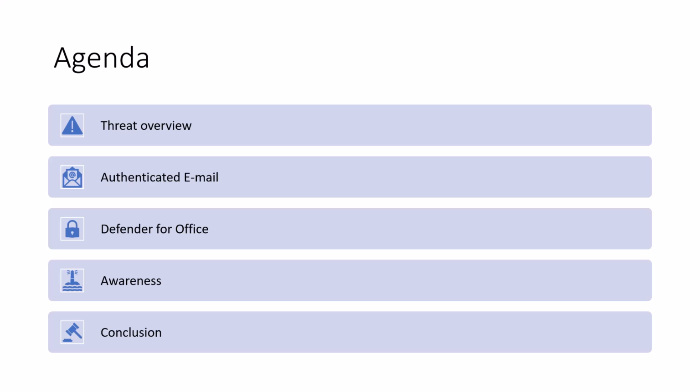We'll have a brief look at the threats that we often encounter in terms of email, why authenticated email is important, going into how we can use Defender for Office and some of the features in Defender for Office to help secure our organization, and then a little around the awareness that is also very important here, and last a little conclusion at the end.